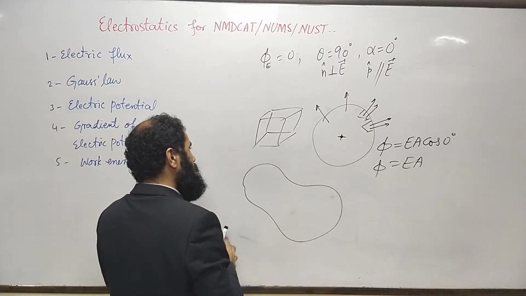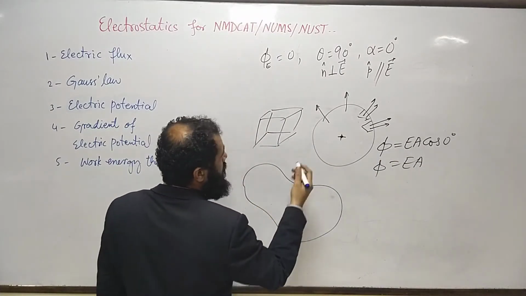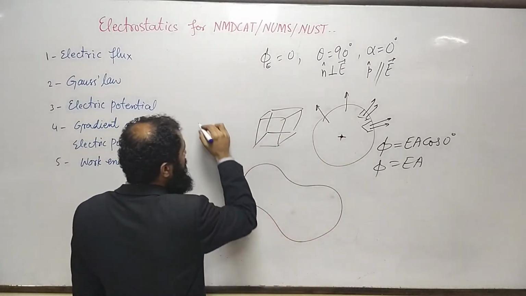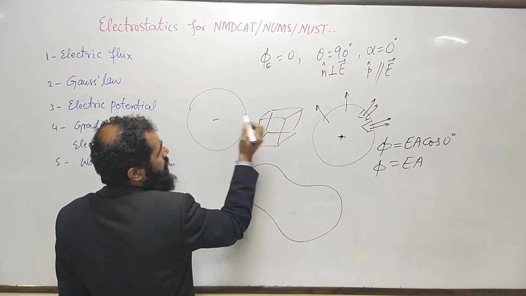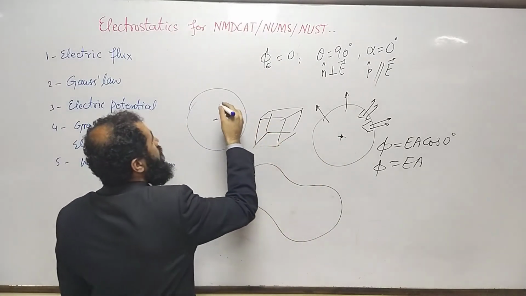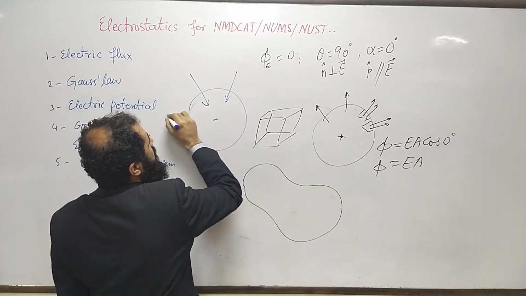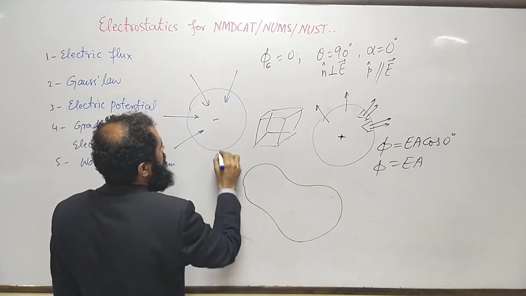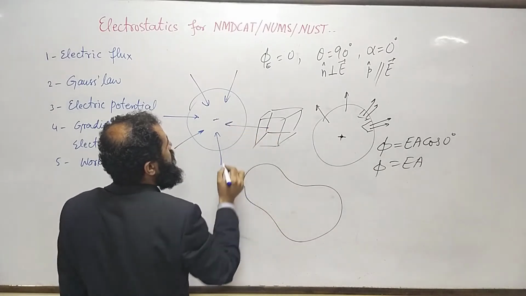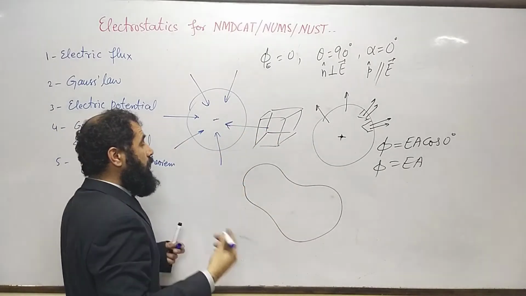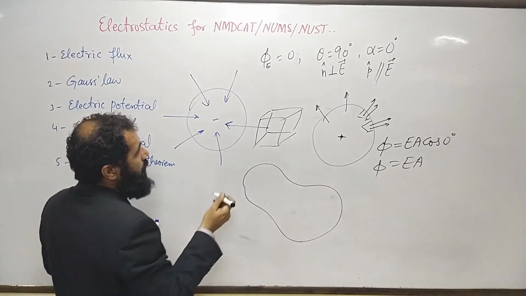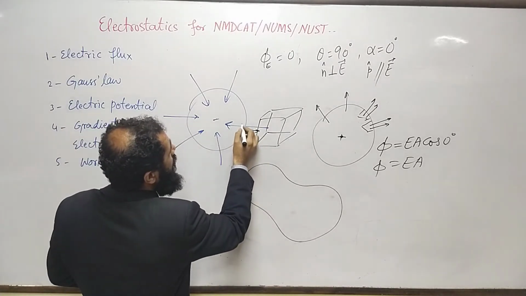But in case of some negative charge, if you place some negative charge inside the same sphere, then the field lines would enter that closed surface, and in that case the flux would be negative. Why negative?